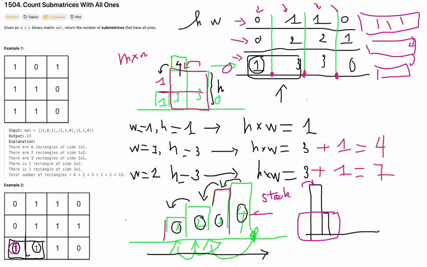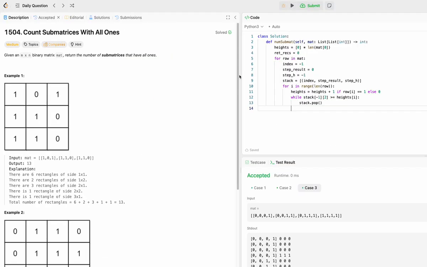So for now the top of the stack, for example, if we pop the 4 out, it means that the top of the stack is now that is the 1, and then we can handle the left boundary that is equal to the stack of -1, and our index is the first one, that is the 0, and then also we can get the previous result, that is the step result in here. So it means that the previous result is equal to the top of the stack, right? 1.